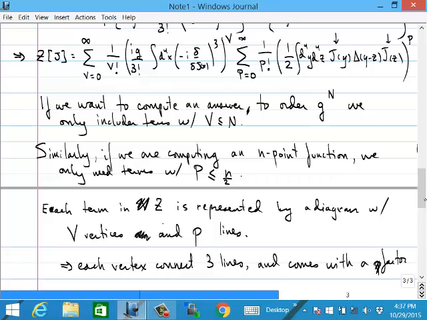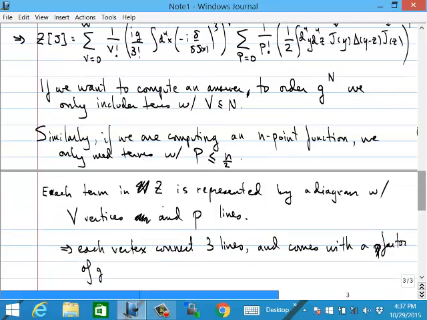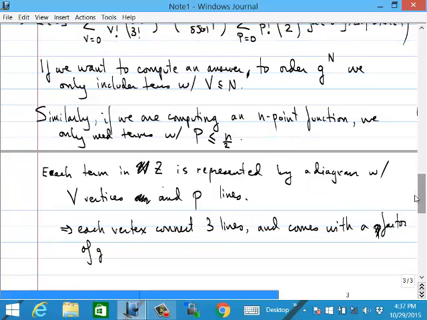So it connects 3 lines, but it comes with a factor of g. And similarly, each of these lines, so you have p lines, and each line is associated with a propagator. So each line comes with a propagator.